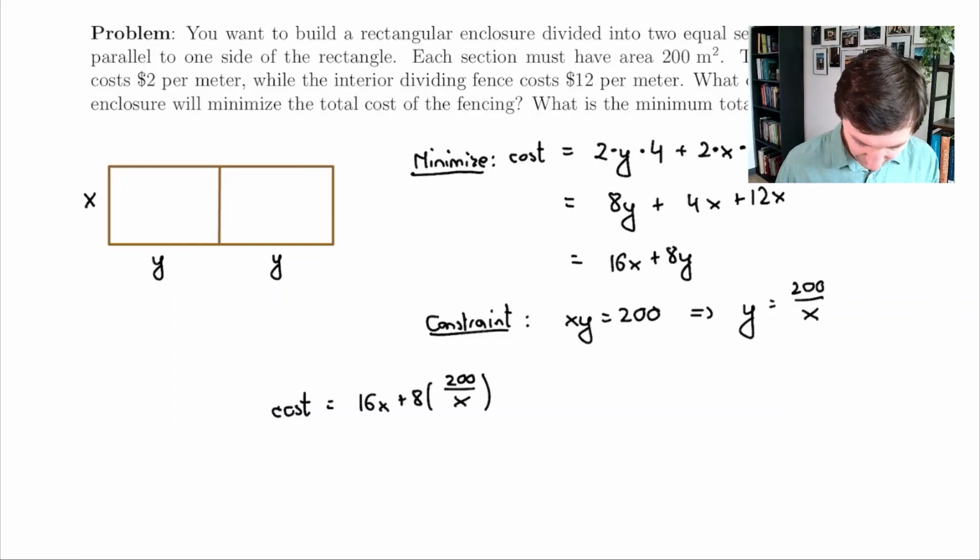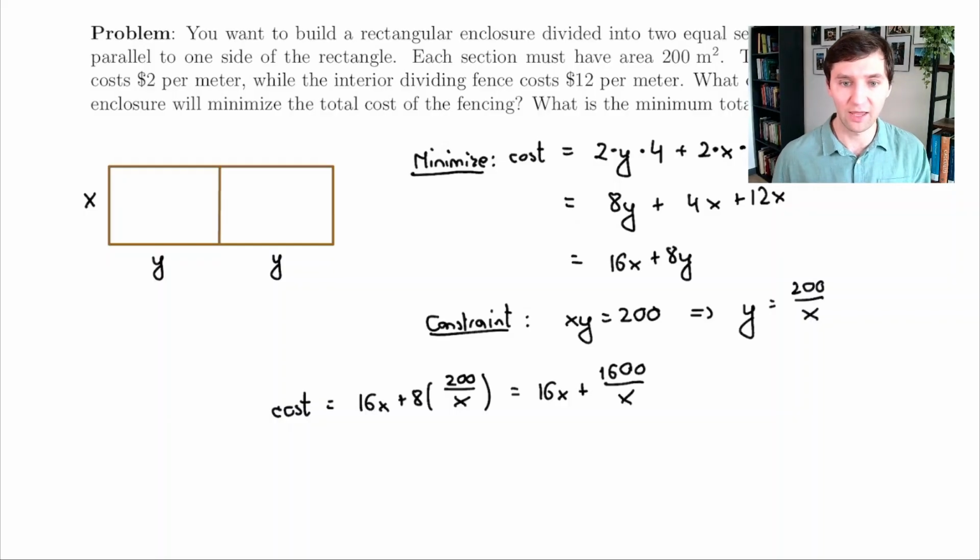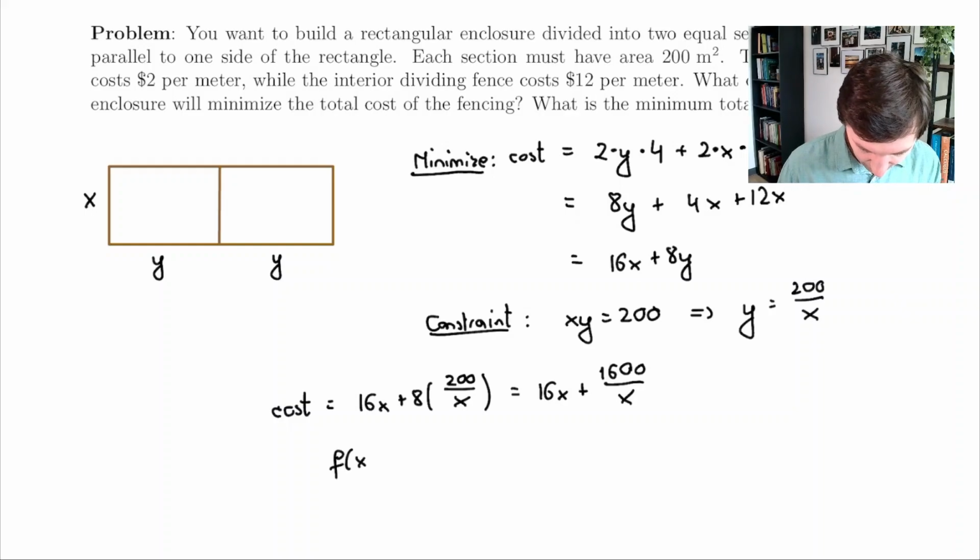I can simplify this a bit, and I will get 16x plus 1600 divided by x. 200 multiplied by 8 is 1600. This is my equation for the cost. Let's give it a name. F of x equals 16x plus 1600 divided by x.